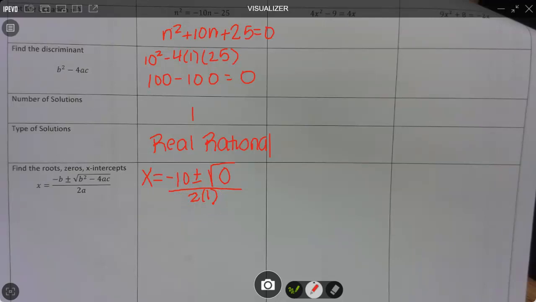Anything plus or minus 0 is that anything. So I get negative 10 all over 2, which is negative 5. What that means is if I graph this, I have one x-intercept at negative 5. So it looks like that.